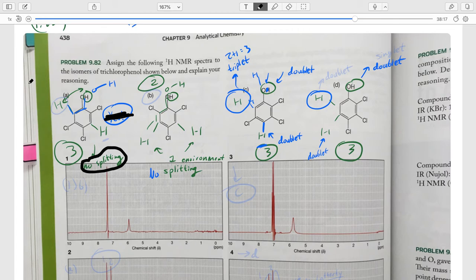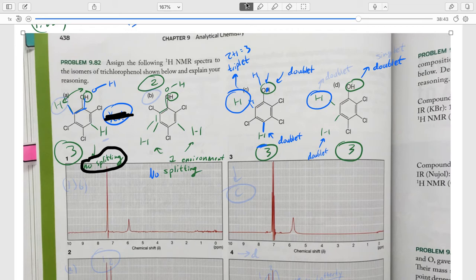I'm not going to label it here because there's really only 2 types of signals we can expect, from the benzylic hydrogen and the OH. But definitely on the exam, go through and label numbers to them if you have say 4 or 5 different environments. So let's go through each of these and figure out which one best matches.